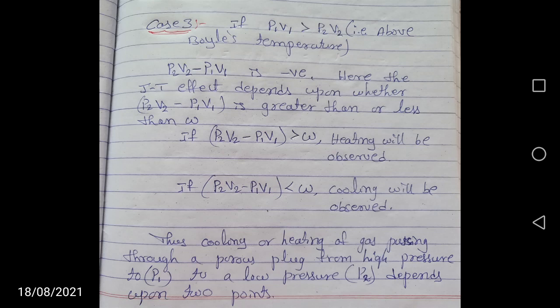These are the two things on which the cooling or heating of the gas depends when it passes through a porous plug. In the next class, we shall discuss the temperature of inversion.